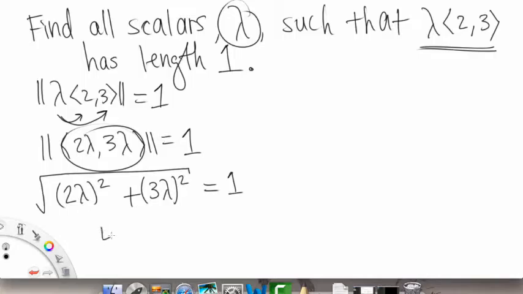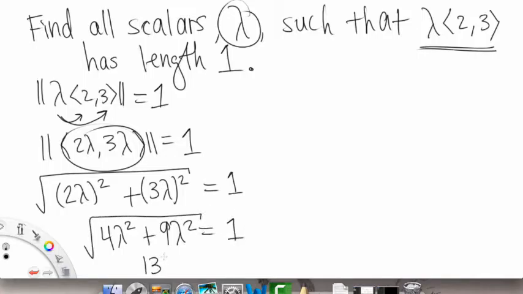When we square these, we get 4 lambda squared plus 9 lambda squared, under a square root sign, equals 1. If we combine these together, we get 13 lambda squared under the square root sign equals 1.